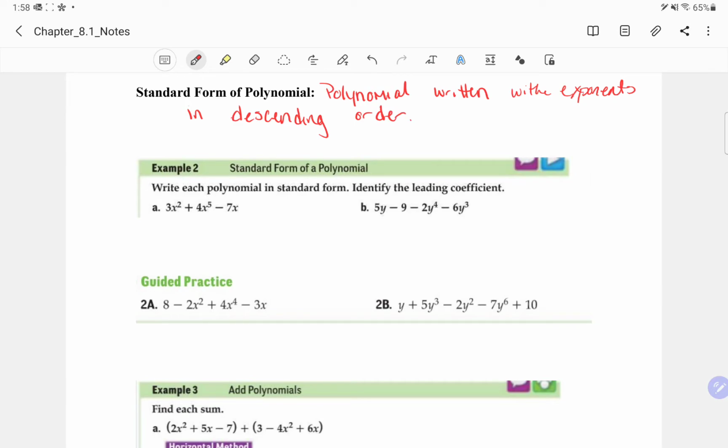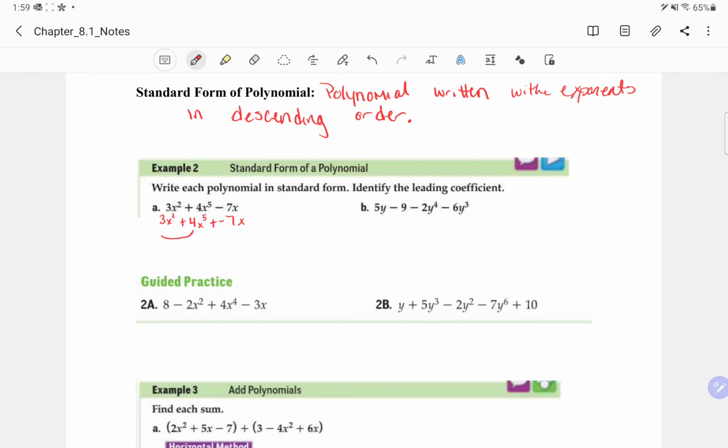Okay, so if you look at A here, in example 2, we have 3x squared plus 4x to the 5th minus 7x. It wants us to write this in standard form and then identify the leading coefficient. So to do that, I need to technically write everything as addition, because addition is commutative. That means I can move things around.